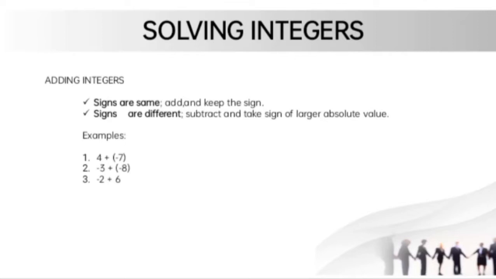So -2 plus 6 will be positive 4. Are you getting it right? If you still don't get it, let me share a video further explaining the procedures in answering the given examples. So let's proceed.